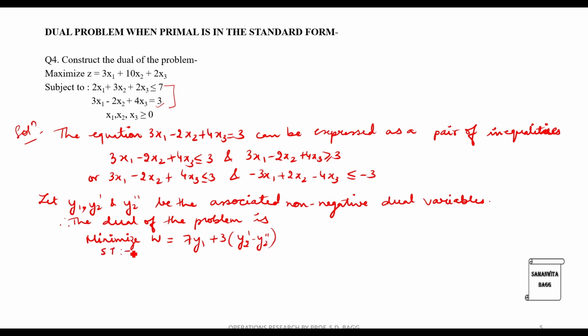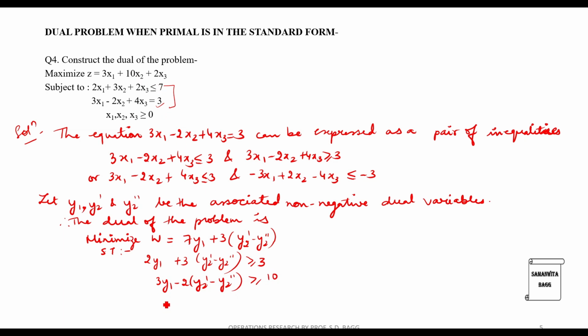Next I'll write down the subject to constraints. We will start from here. 2 and 3 are the numbers that I'm going to choose. So this will be 2y1 + 3(y2 dash - y2 double dash), this is the coefficients of x1, greater than or equal to the first variable here, that is 3. Then for x2: 3y1 - 2(y2 dash - y2 double dash) ≥ 10.